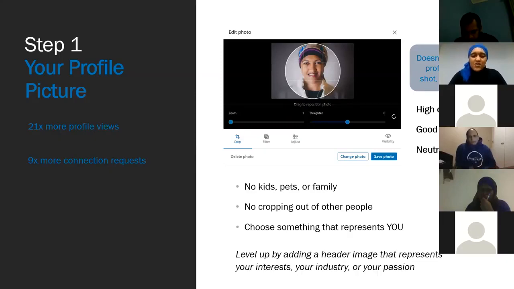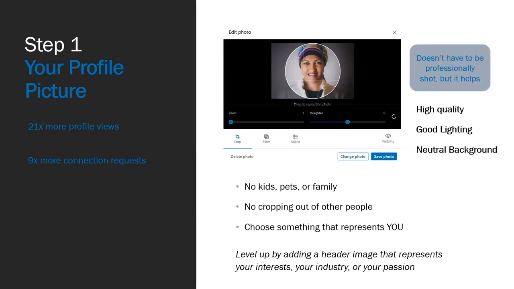And then you can also level up by adding a header image that represents either your industry or your passion or your interest. I've seen some great header images. The header image is the image that goes at the top of your profile. It doesn't have to be customized, but if it is, it differentiates you from somebody else as well.